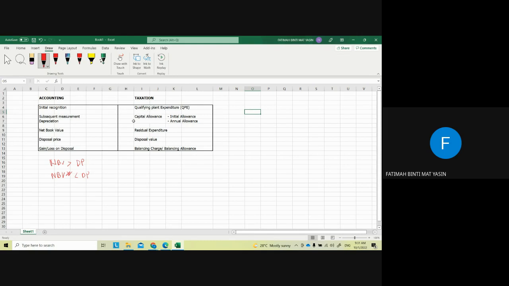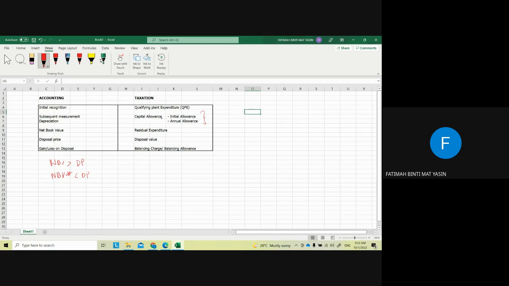Just like accounting has depreciation, for the taxation perspective we have capital allowance. This is the one we are going to calculate on our own. For the capital allowance, we have initial allowance and also annual allowance. If you total up these two, it makes up the capital allowance for the year. As the word suggests, the company can only claim the initial allowance when the company first acquires the asset.